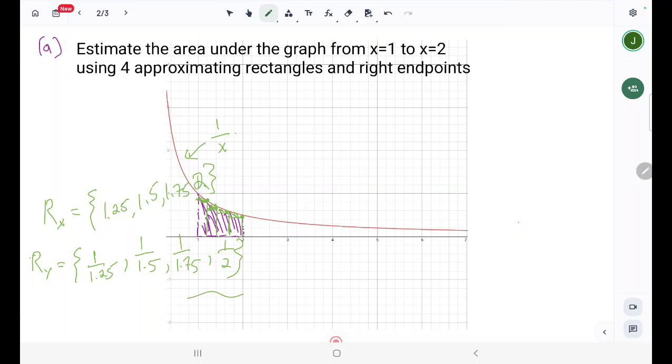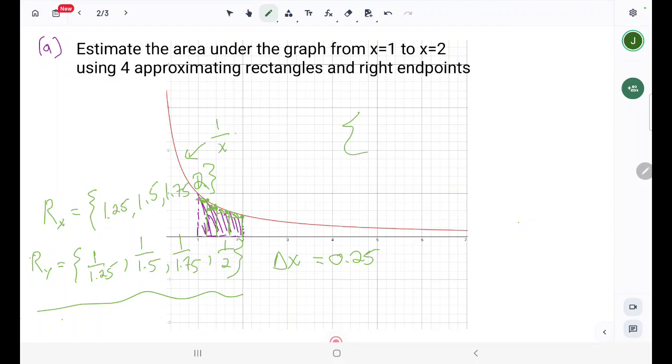And the way of estimating this area underneath the curve, the purple area, is to recognize that our delta x here is going to be 0.25. Okay, and then we're just going to do a nice sum.